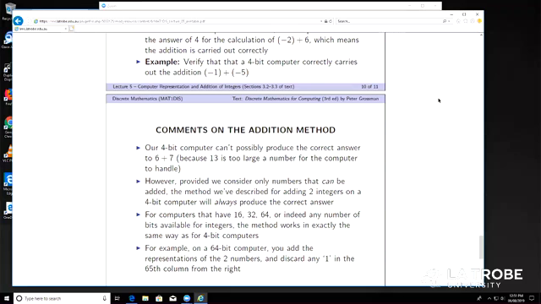Then we looked at how they add and subtract integers within computers.